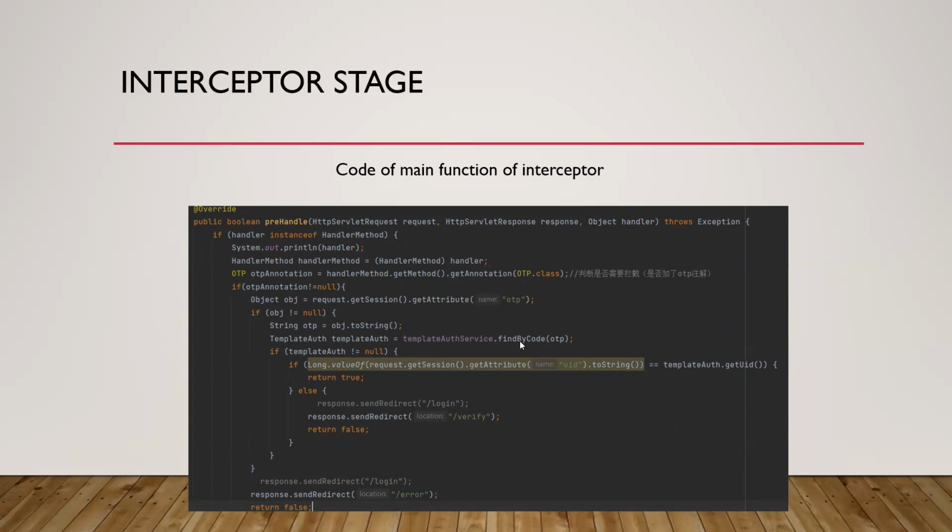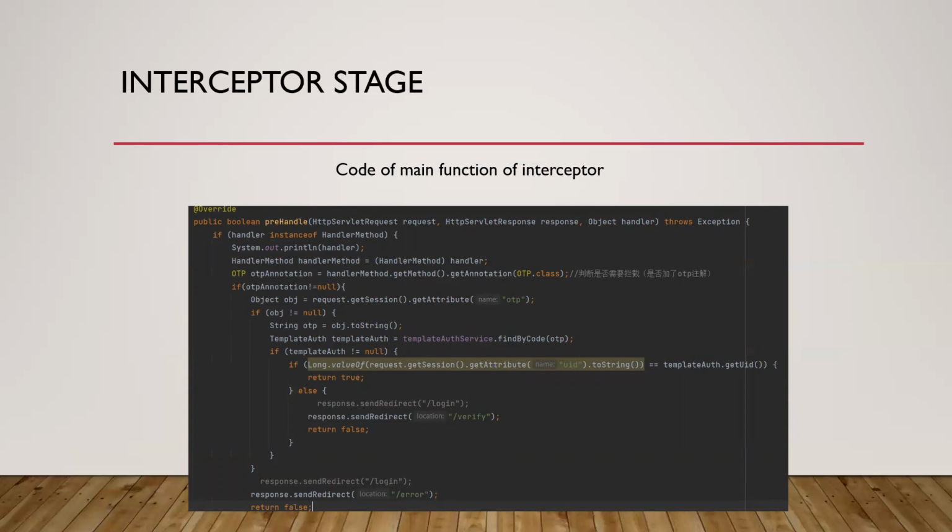If it's successful, they will return the true value. If it's none, they will redirect to the verify page, or return to the error page. They will show the users that they have no permission to access this part.